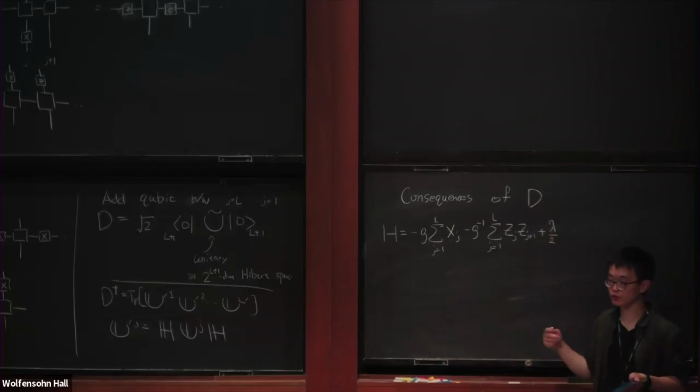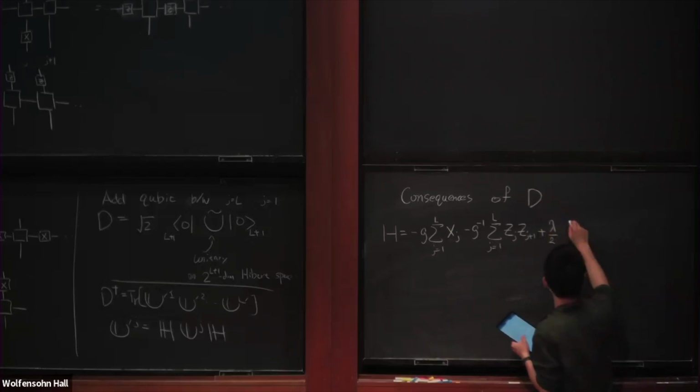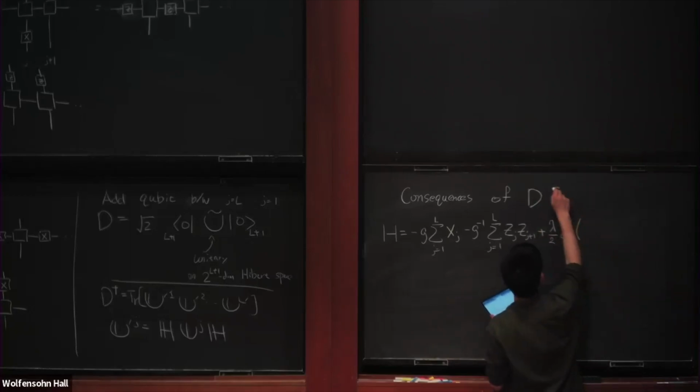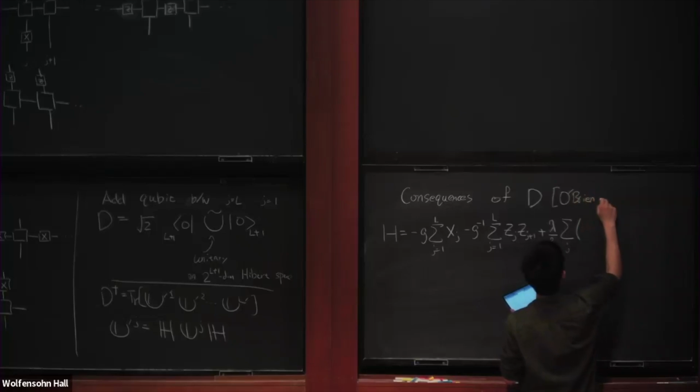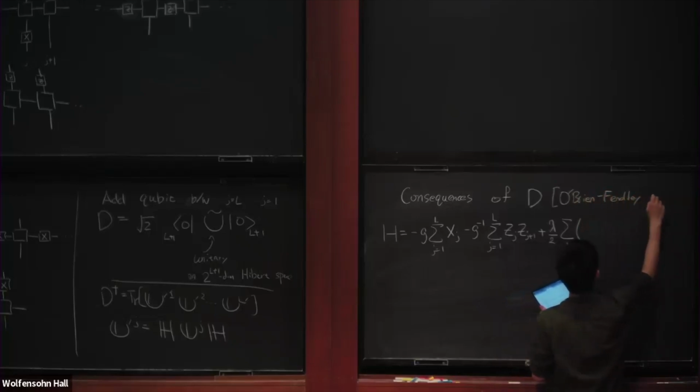You can write down some 4-Fermi interaction, etc. But even if you don't care about the fermion description, it's easy to check it directly using the Pauli operators. So here's one example. And I should say that this particular deformation was considered by O'Brien and Fendley in '17.